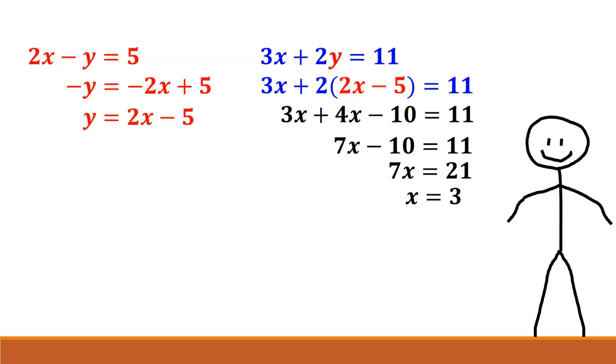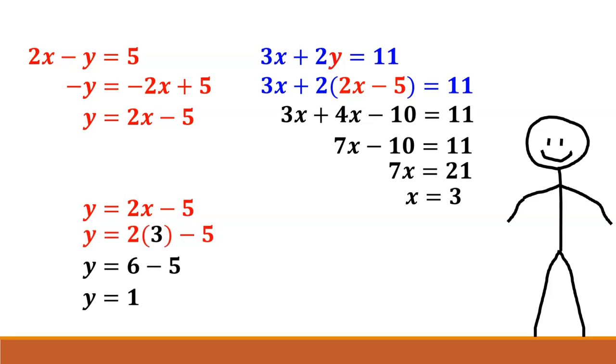To find the value of y in our solution, we can go back to either one of the equations we started with, or we can even look at our rewritten version of the first equation to substitute 3 in for the x and solve for y. So the solution of the system is x equals 3 and y equals 1.